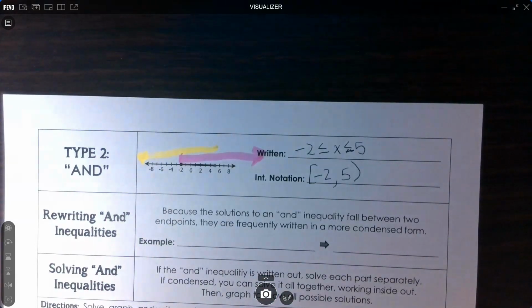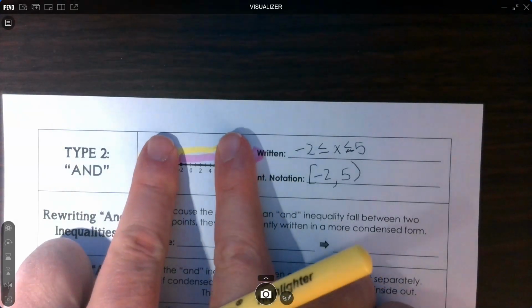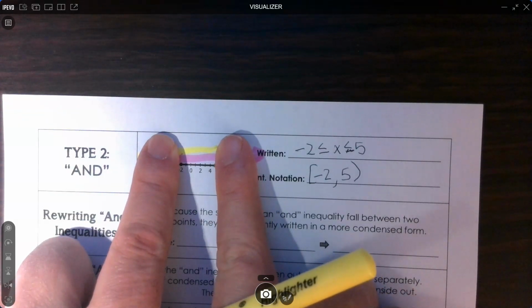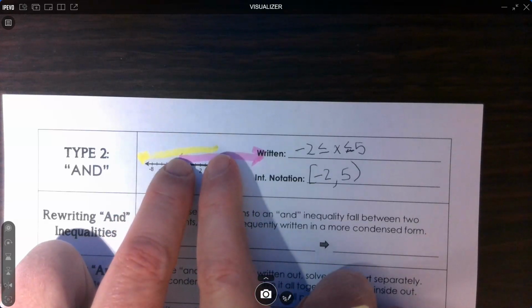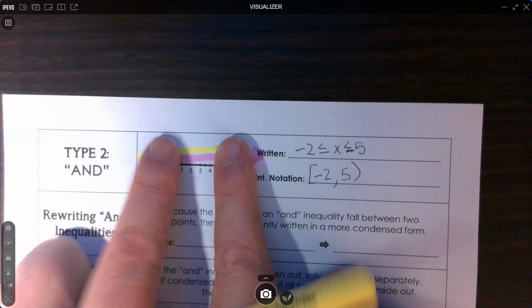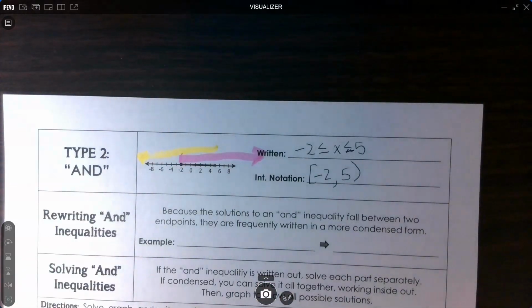Do you see where the pink and the yellow overlap each other? That's the one I'm interested in. So I'm only interested in this piece right here, meaning you're on this line and you're on this line at the same time. That would be your answer, where you see both things. In fact, that's probably how I'll tackle these inequalities when I'm doing them.